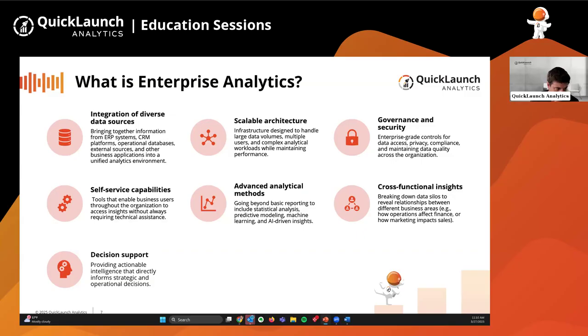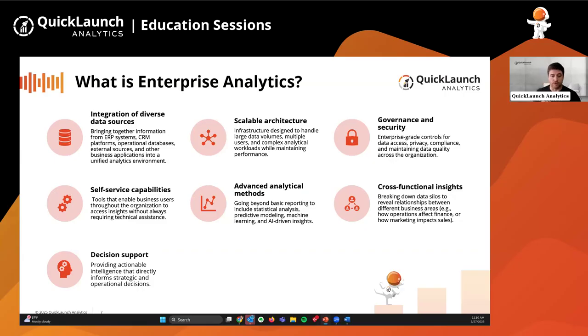departmental or siloed analytics efforts, enterprise analytics spans the full organization, connecting data from multiple systems and business units to provide that holistic view of operations and the customer and business performance. So it's unifying all your data into a single source of truth.